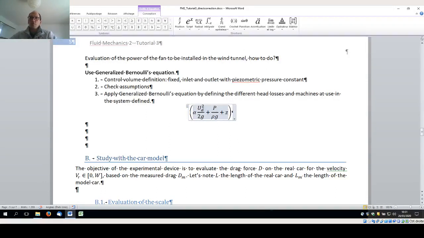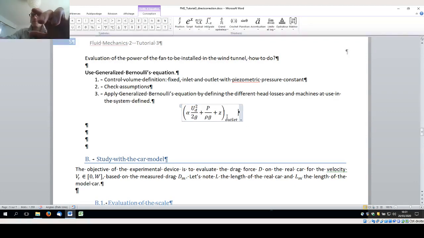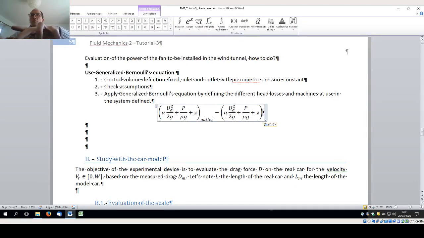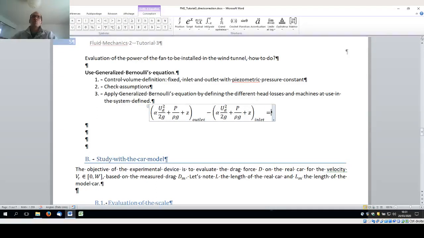You have the head in the outlet minus the head in the inlet, which is equal to the sum of everything which is happening between outlet and inlet.